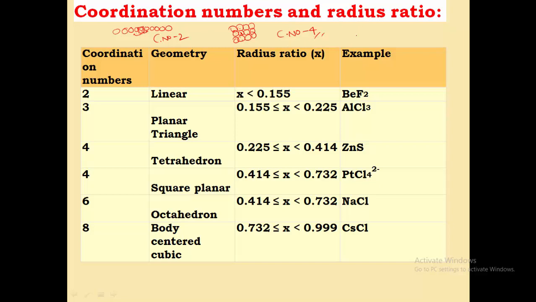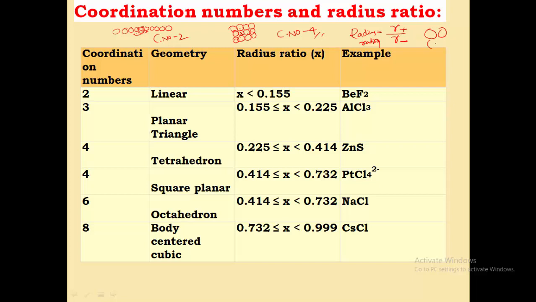And radius ratio is the ratio of the radius of the cation to the radius of the anion. This radius ratio helps to determine whether a particular particle will fit into the void or not.